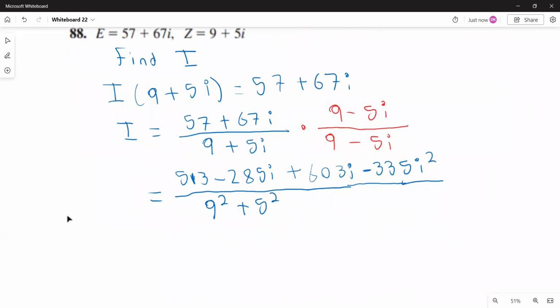Okay, we're almost there. The denominator is 81 plus 25. At the end, that's going to be 106. Then this is 513. Then 285i plus 603i, this is 389i.